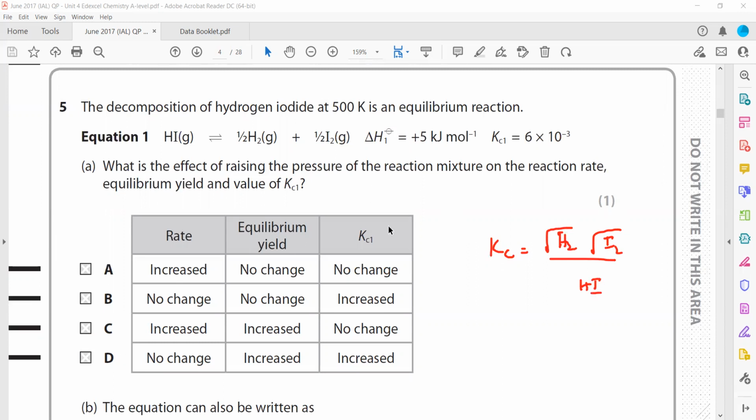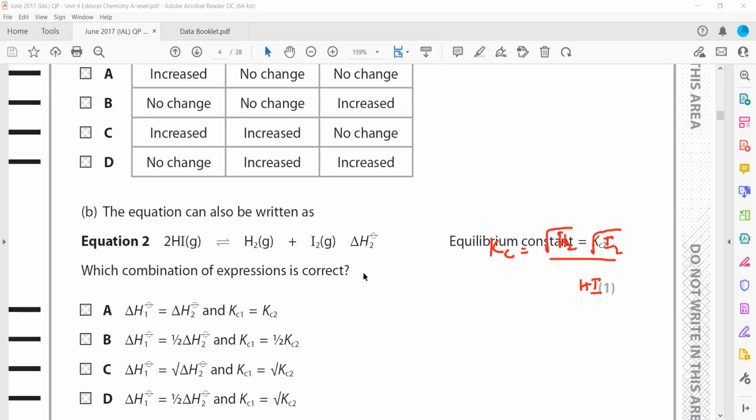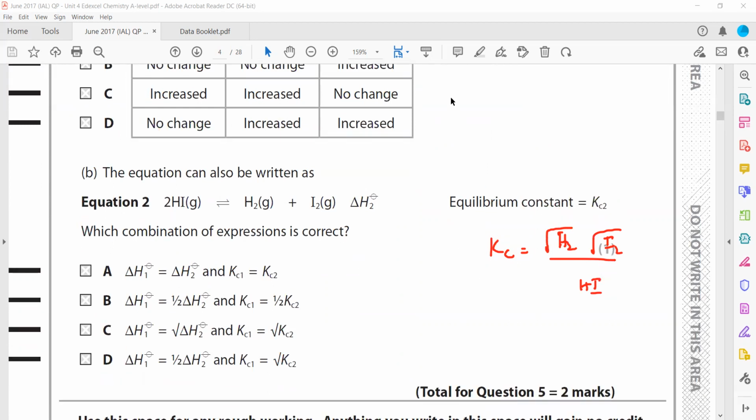And the second equation we have, so basically this is Kc1, and Kc2, when we write for Kc2, the product, hydrogen and iodine divided by hydrogen iodide square, because the coefficient will be the power.